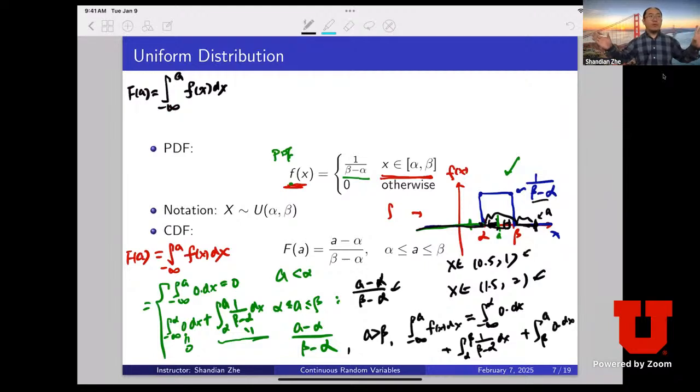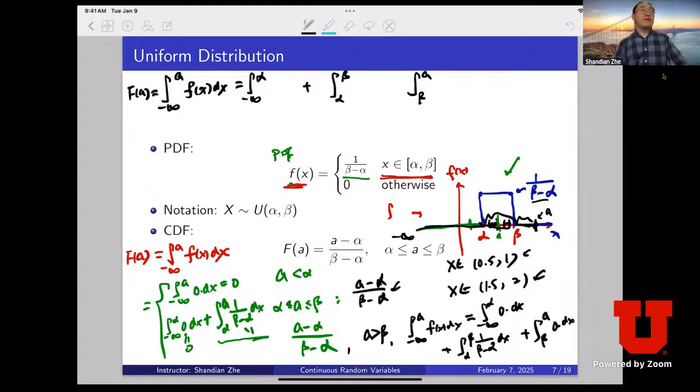It's just the rule of doing integration. If you feel uncomfortable, never mind. It's just a rule you need to memorize, like this is a calculus 1 rule, right? So we can break this whole integration, from minus infinity to a, into 3 integrations: the first from minus infinity to alpha, the second from alpha to beta, and the third from beta to a.